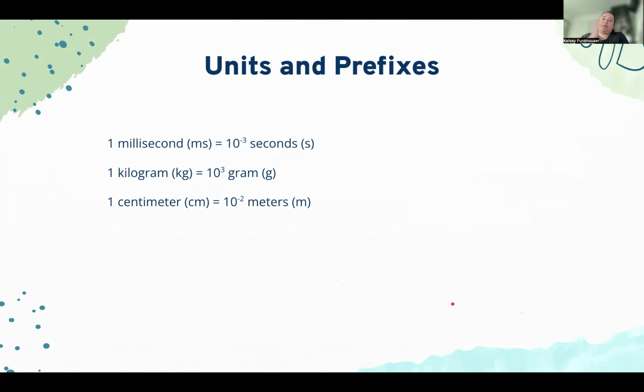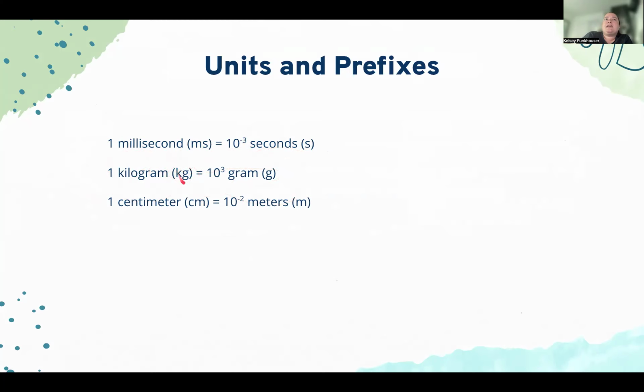And here's just a combination of standard units and common prefixes, just so you know what it will look like. So 1 millisecond, that's going to be written ms. And that's 10 to the negative 3 seconds, which would be given as s. Kilogram, and actually kilograms are what we're going to use, not gram.